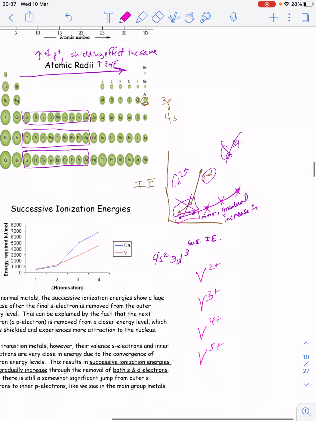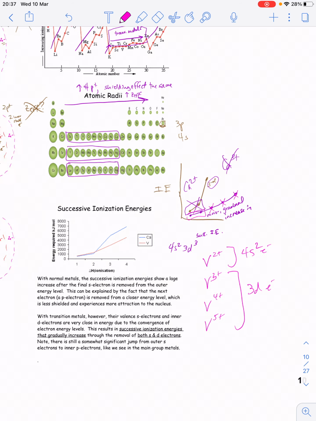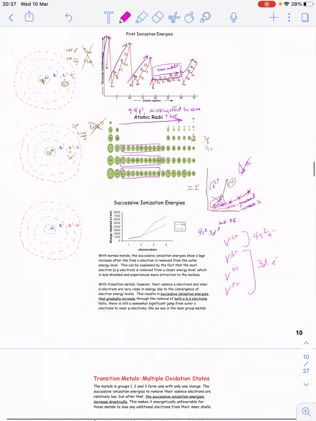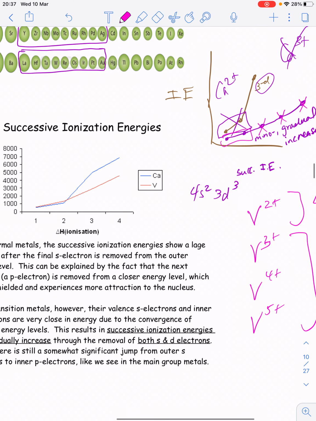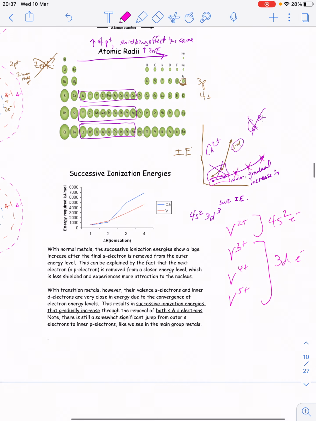So you can remove those outer 4s electrons, but then removing additional 3d electrons doesn't take that much more energy, and therefore allows all of these successive different oxidation states to form for these transition metals. So we can justify all the different oxidation states that we see for transition metals because they show these gradual changes in their successive ionization energies. It only takes a little bit more energy to remove more and more electrons from the transition metals.